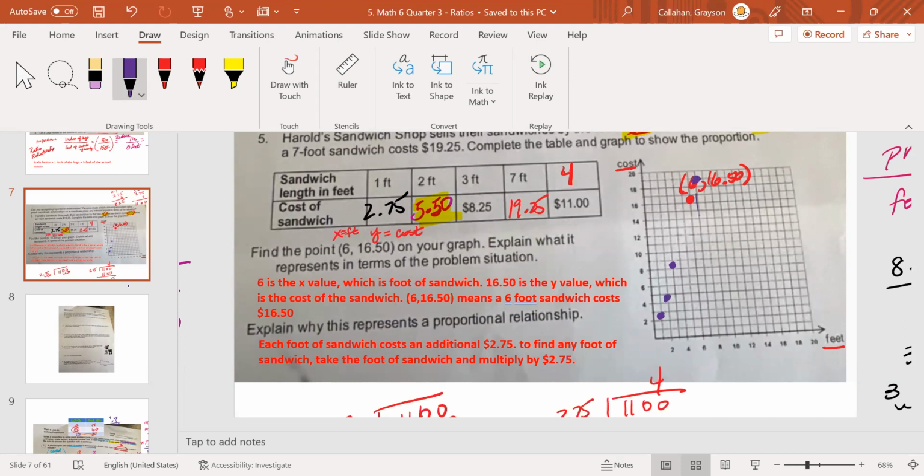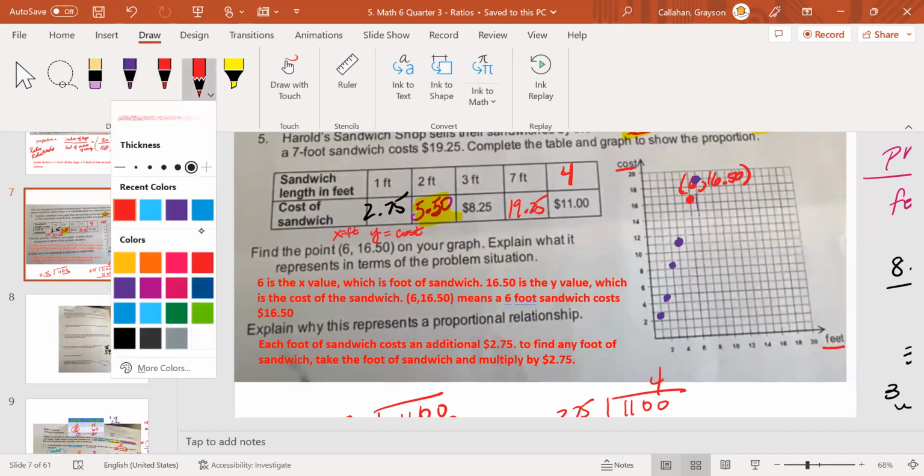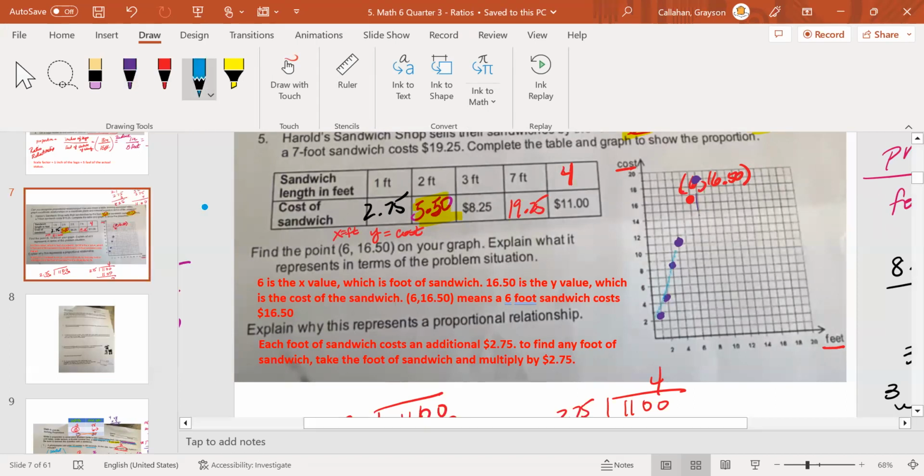And then 4, 11. Do you see that? This represents a linear line right here. Do you see how when you complete it, it represents something linear? So if I was like, I want to buy 2,500 feet of sandwiches, you just keep going on that line. It should tell you how much it costs. Okay.